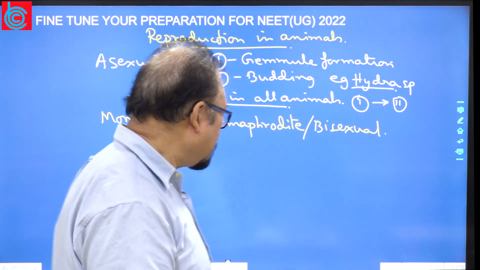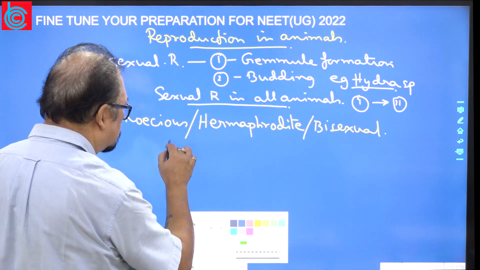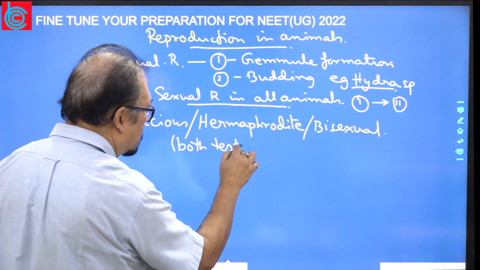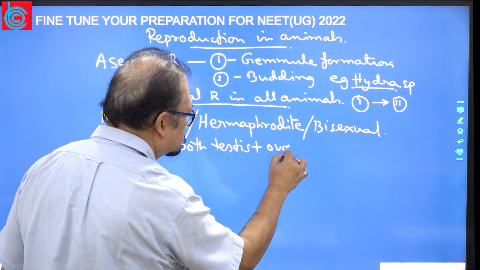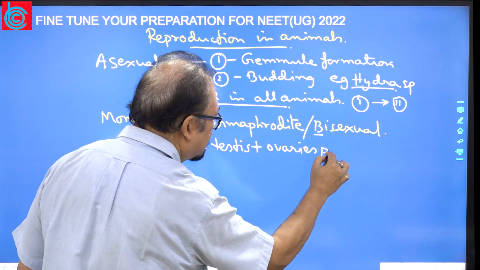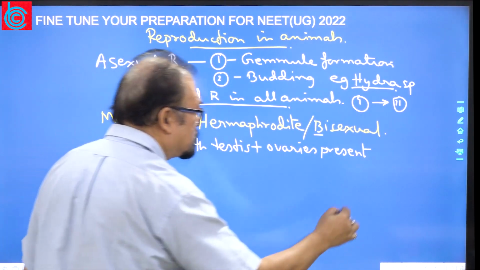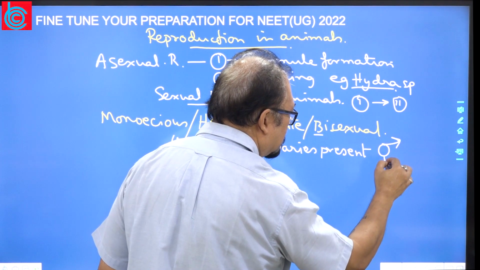So what are the hermaphrodite natures? The meaning of the word? Both testes and ovaries are present. So they are bisexual. So what is the symbol here? Male, female.